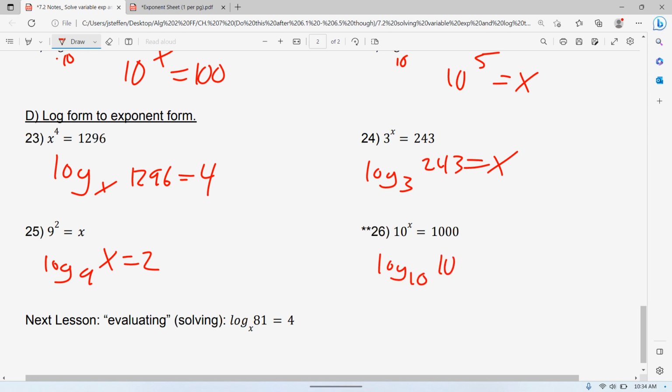That's absolutely fine. If this is multiple choice, it probably will be just log of 1,000 is equal to x, but if you put the 10, that is absolutely fine.